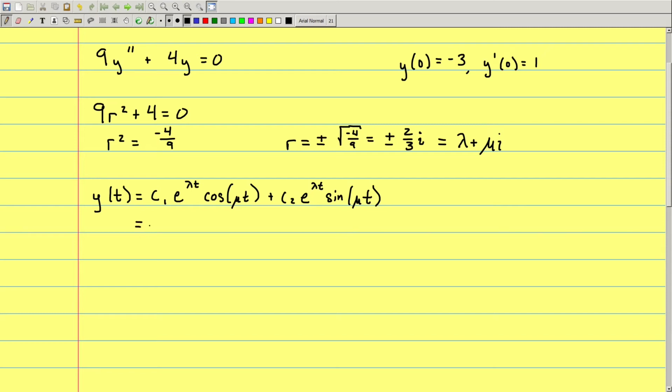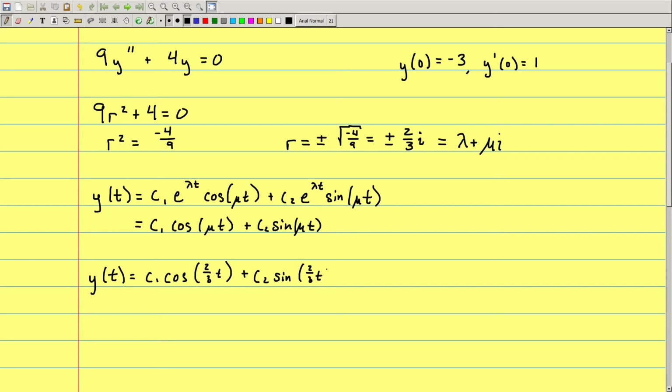But in this instance where lambda is equal to 0, we're going to get e to the 0, and e to the 0 is equal to 1. So we're just going to have cosine of mu t plus sine of mu t as a linear combination. And with our specific value, this tells us that we have c1 times cosine of 2/3 t plus c2 times sine of 2/3 t.